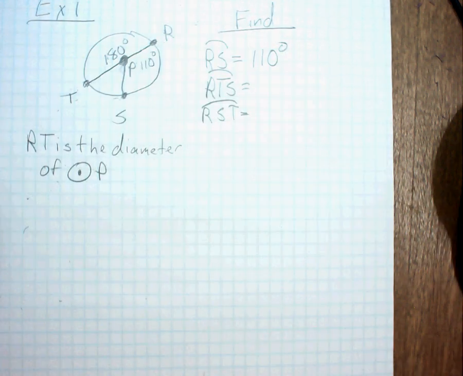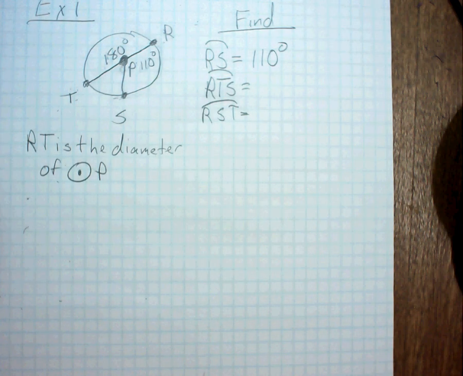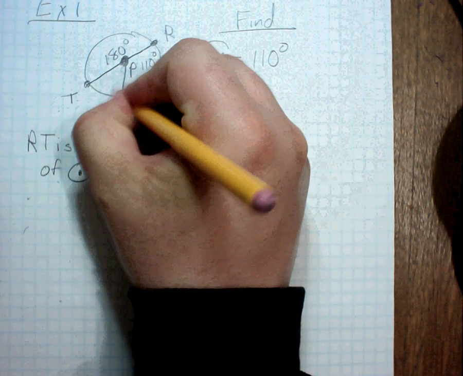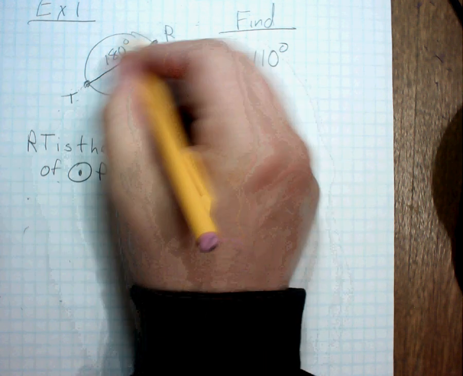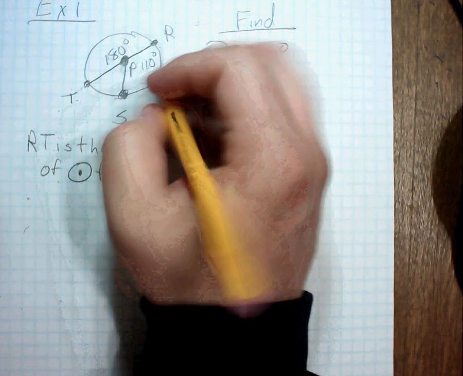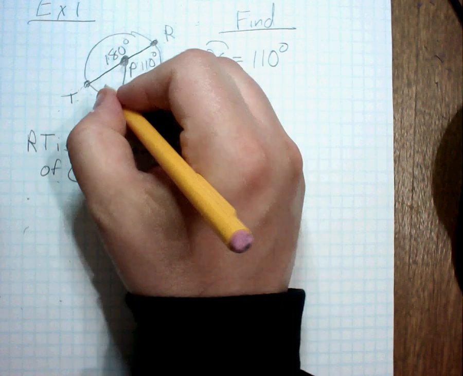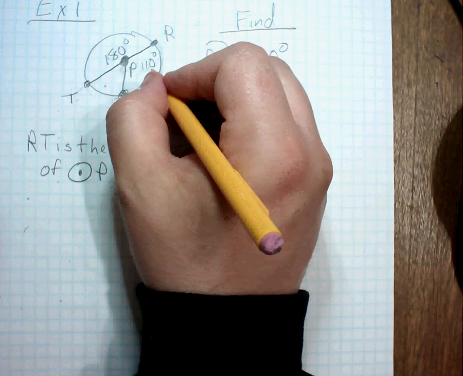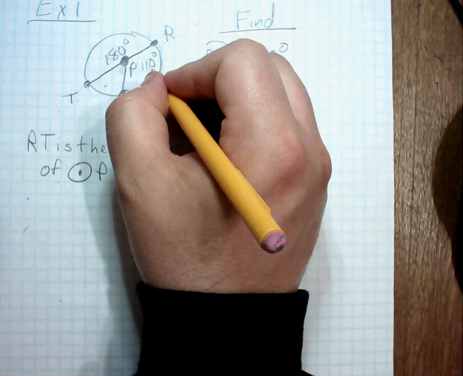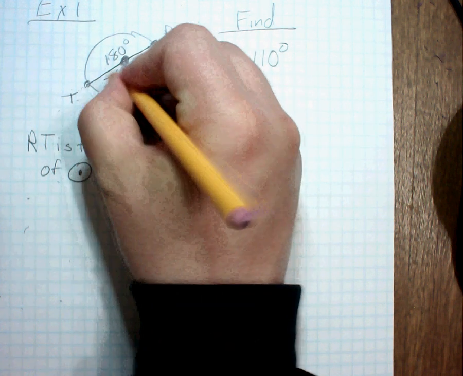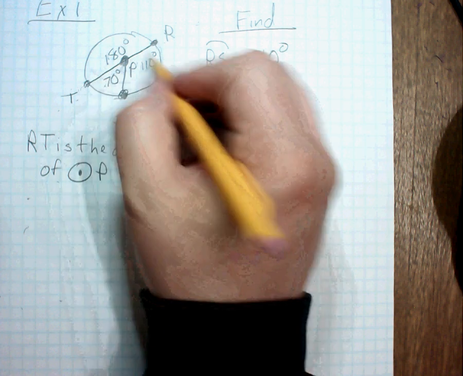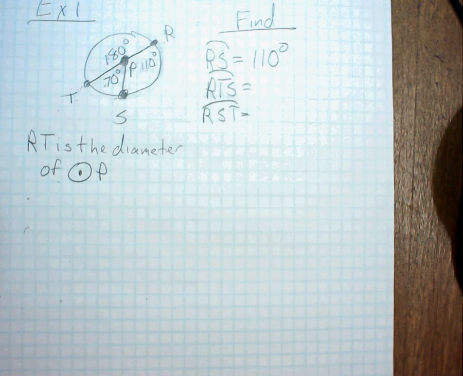Okay, so it's 180 degrees there. Consequently, from here to here, this is a semicircle and the other part is a semicircle. So this slice of pie here, when you add it to this arc, it has to equal 180 degrees. So this right here is 70 degrees. So when you add all three of these up, they have to add up to 360.